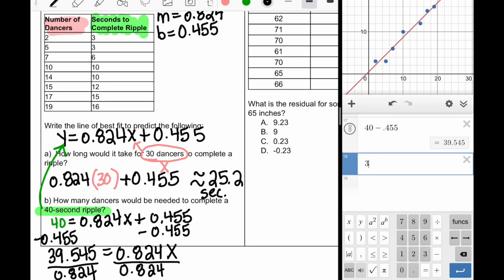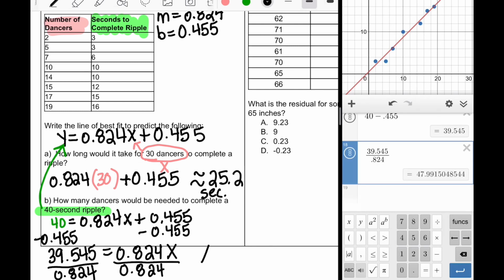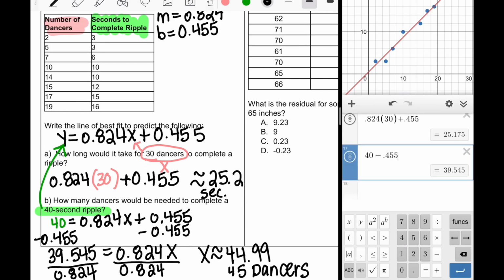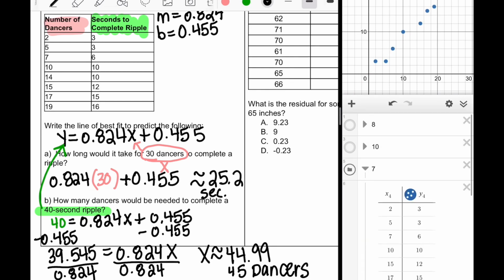So I'm going to take my 39.545, divide it by 0.824, and we get that x is approximately 47.99. So really, it's going to take approximately 45 dancers in total. All right, so my suggestion for a problem like this is always make sure that you know whether you're plugging in for x or whether you're going to plug in for y.